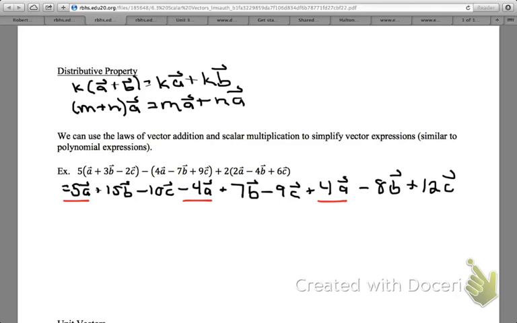When we do that, we're going to get 5 vector A. Now we can go ahead and look at our B. So we have 15b, 7b, and negative 8b. And when we add and subtract those, we get 14b. And then our last ones are our C's, and we get negative 7c. So that's our simplified form.